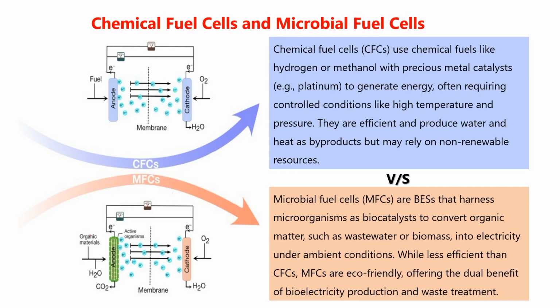So, here you can see, instead of the fuel which is non-renewable, we may have organic waste or organic materials as a fuel. So, microbial fuel cells are BES that harness microorganisms as biocatalysts to convert organic matter.